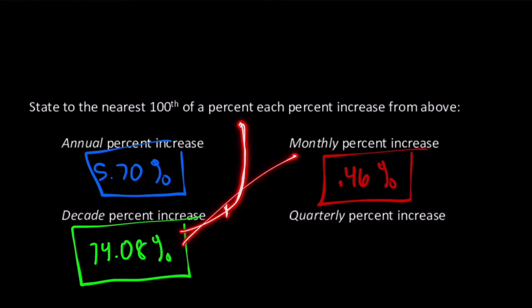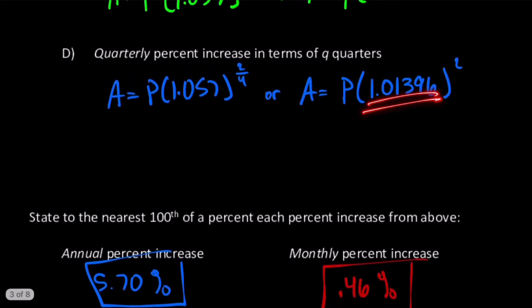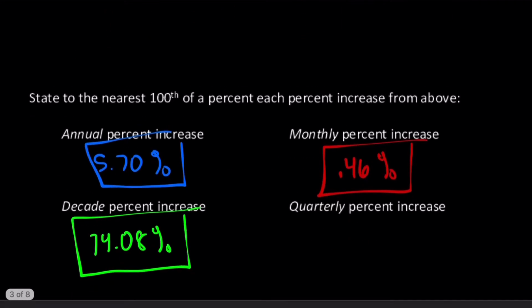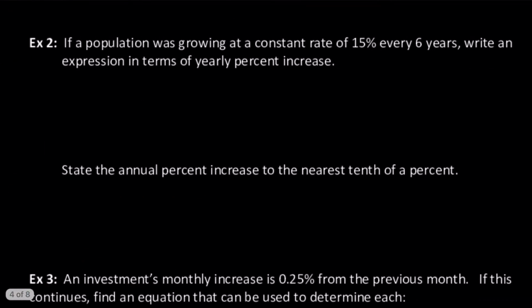It's not linear. Quarterly percent increase, I'm going to take this one right here, subtract 1, move that over, 1.40 looks like. Oops, wrong color, sorry. 1.40% increase. Okay, let's try a couple more.